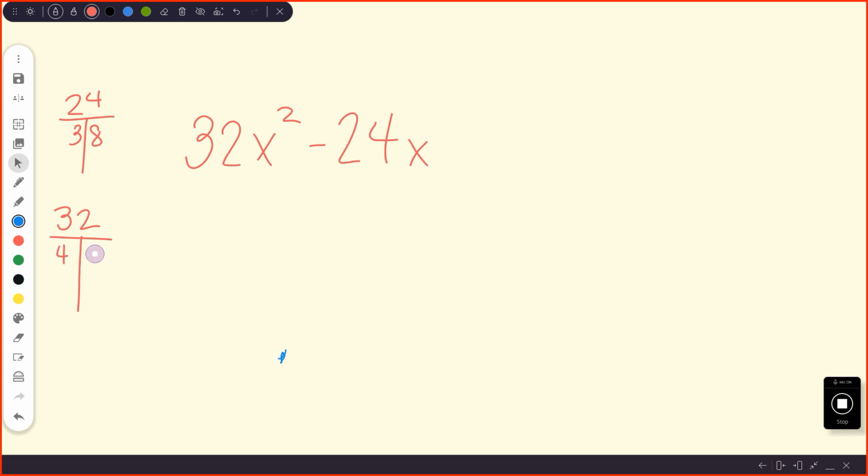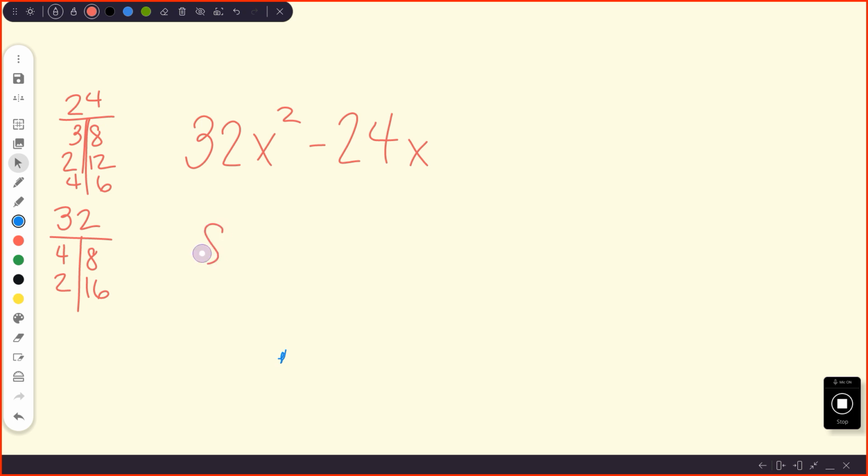Is that correct? Are there any others? 2 and 12. Why is 1 not the greatest common factor? 8.